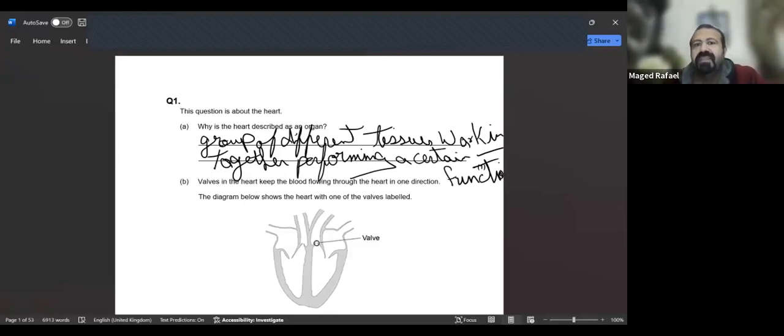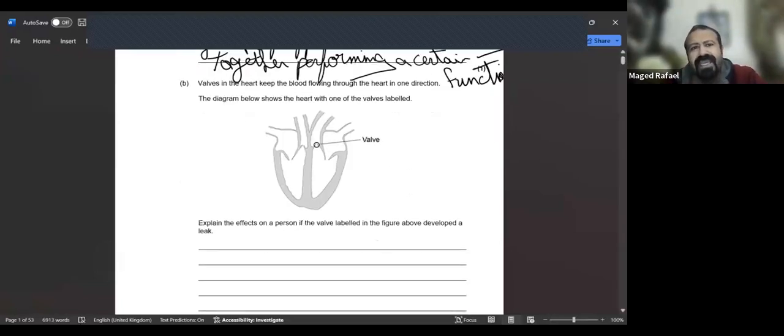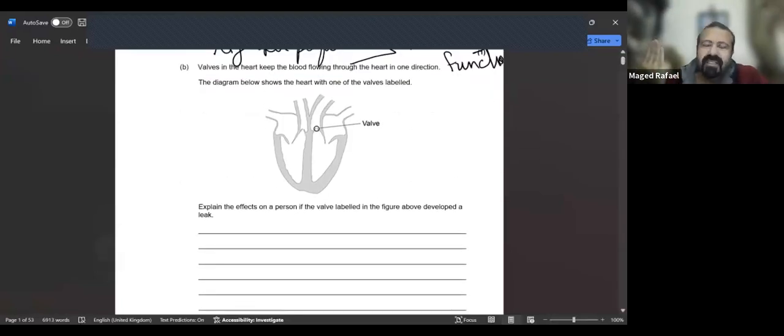And this is the idea of the definition. This question, I can say it's unrelated to the heart itself. It's related to the level of organization lesson.